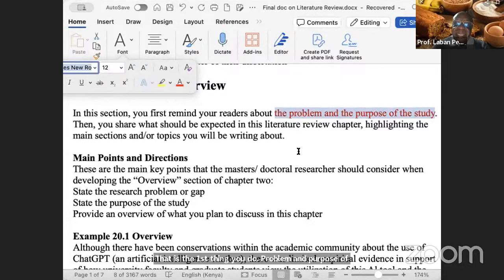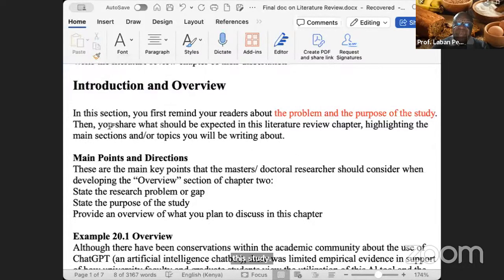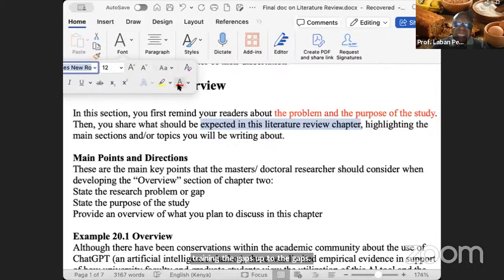Then you share what is expected in the literature review chapter. What am I going to encounter? Those subtopics that we talked about a short while ago, the ones I've been showing you, up to the gaps. So you must be able to tell us what we expect in the chapter.